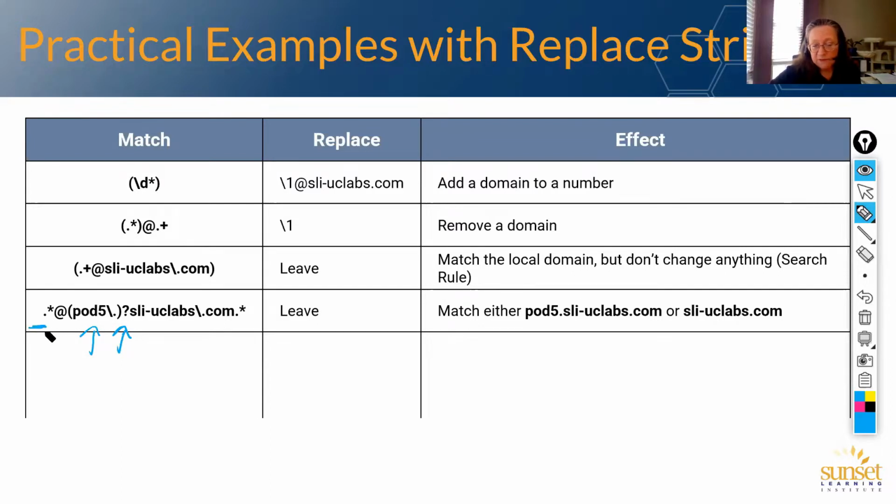There's going to be something in front of the at, and then I also have to have this. This would match either pod5.sli.uclabs.com, or because the question mark says I don't have to have this, just sli.uclabs.com. So either one of those. This allows me with a single expression to capture 2 domains.